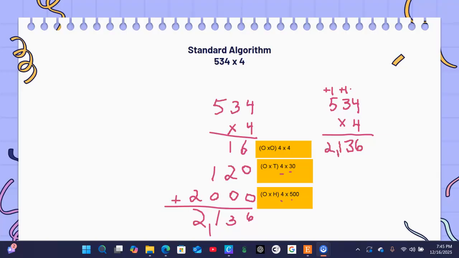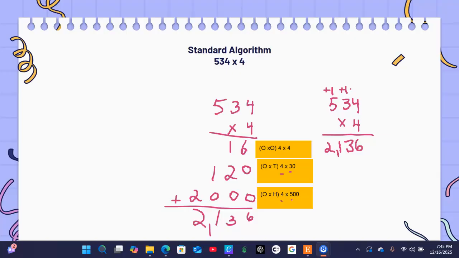So of course, as you can see in comparing these two, yes, this is less work, but I think a lot of students get tripped up with, where do I put my numbers, right? And they keep forgetting that they have to make a brand new group of that next place value to the left. So right here, 4 times 4 equals 16.